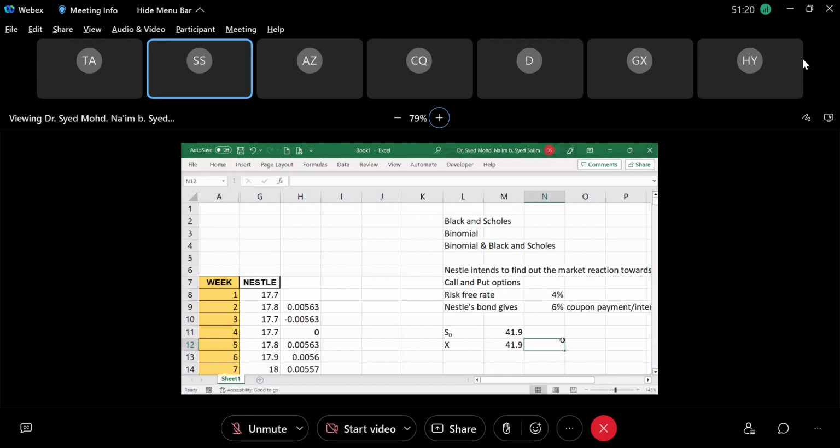Let's say that since the last quoted share price is 49.1, Nestle intends to issue shares at 49.1 as well if it offers the same price in a 1 year period. So T is equal to 1.